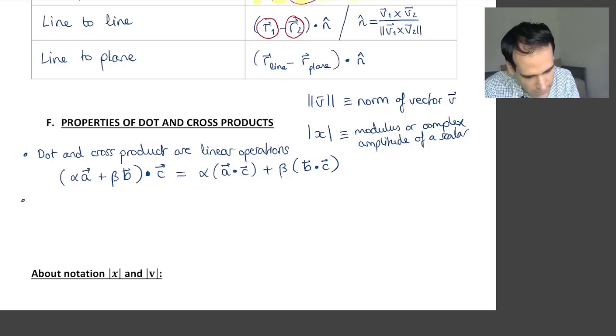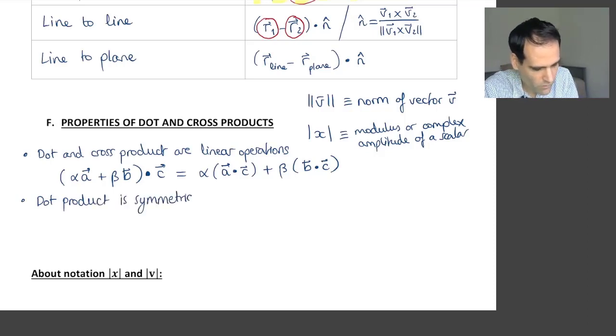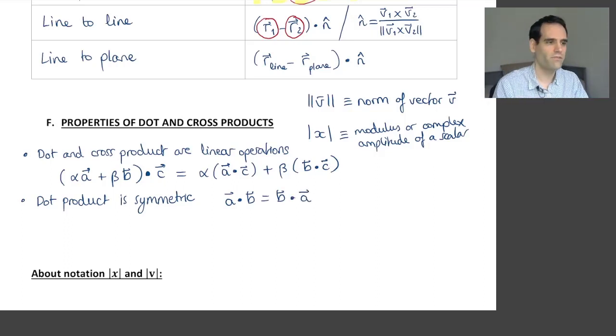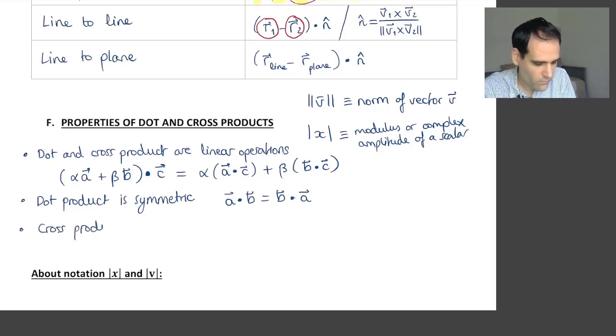Next is that the dot product is symmetric. What does this mean? It means that A dot B is equal to B dot A. And finally, another interesting property is that the cross product is antisymmetric.